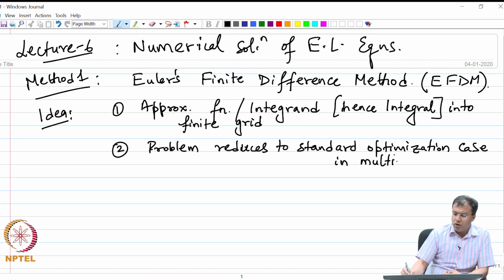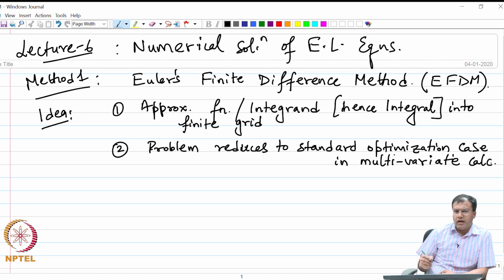So, the way we approach maximizing or minimizing a function in a regular vector space, that is the same way that we adopt in this strategy.